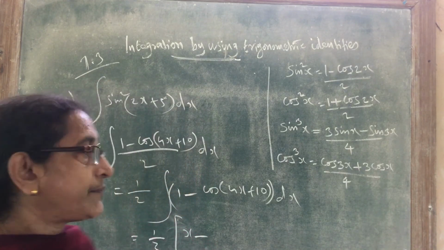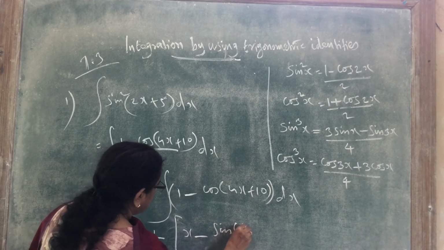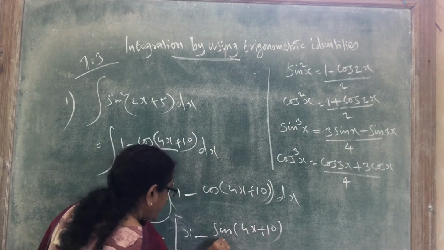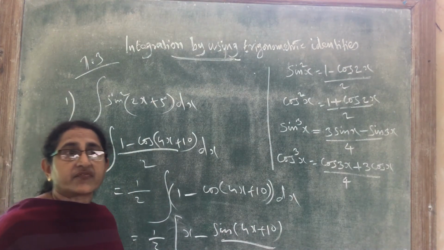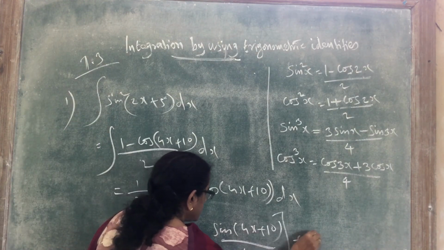So what is the integral of cos 4x plus 10? Sin 4x plus 10, and you have to divide by the derivative of 4x plus 10, which is only 4, plus c.